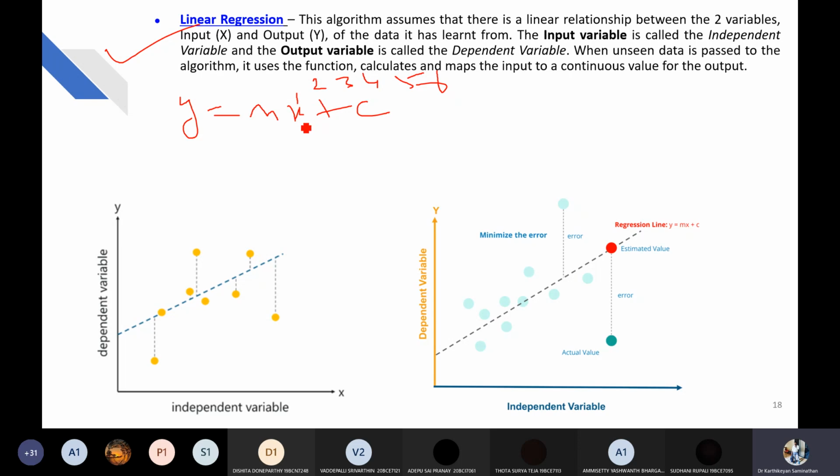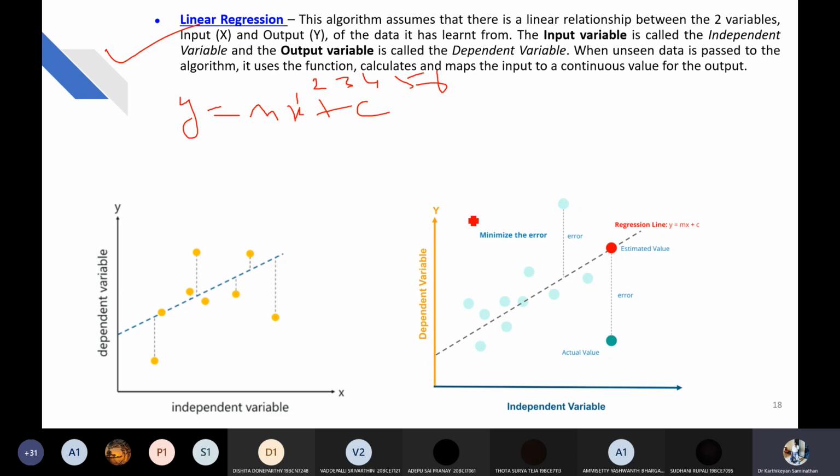Suppose x squared, x power 3, x power 4; then the line becomes a curve, not a straight line. That is the difference between linear and logistic, as I put it here. In linear, the independent variable's exponent is always 1; then that is linear.